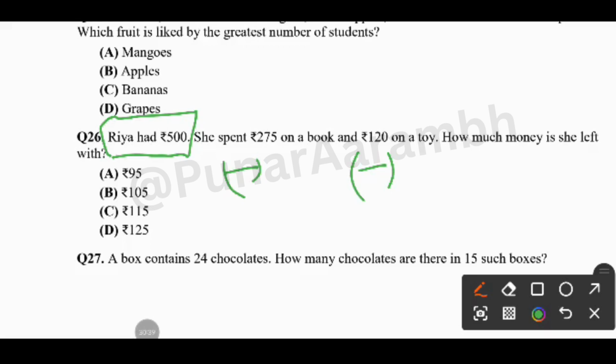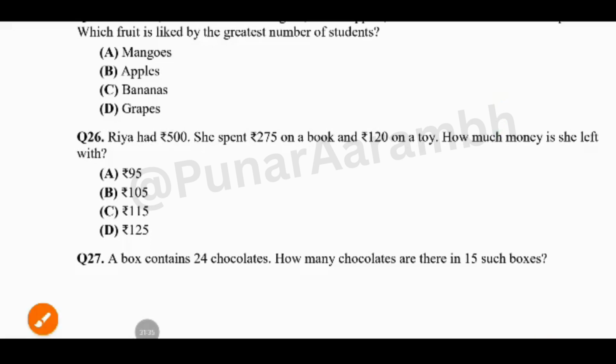But in whole, what she did is she purchased these two items. What all things did she purchase? She purchased a book and a toy. So first we will add 275 plus 120, because she has taken these two items.